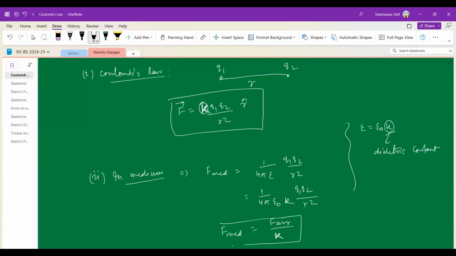The force in the medium decreases because K is always greater than 1. So F medium is always less than in air. Coulomb force decreases when we place it in a dielectric medium. This you have already learned, right?